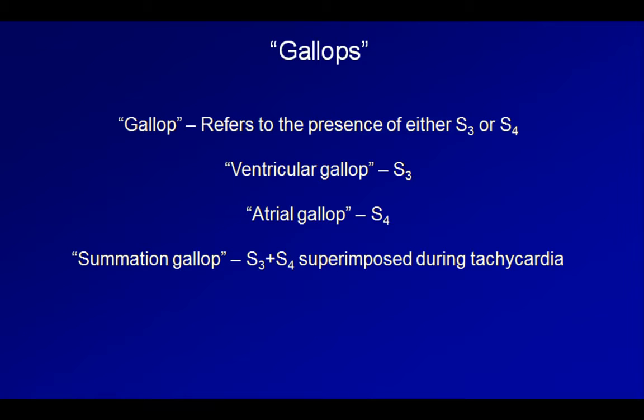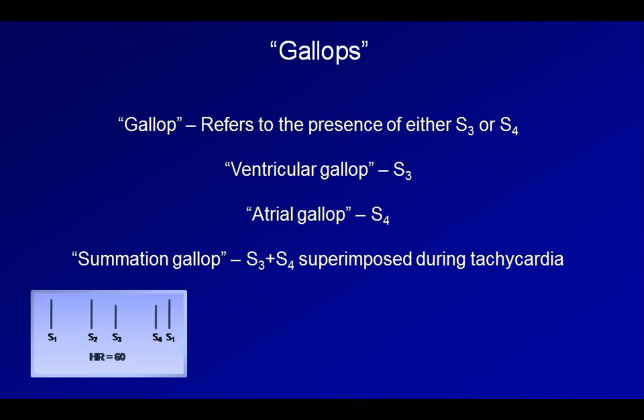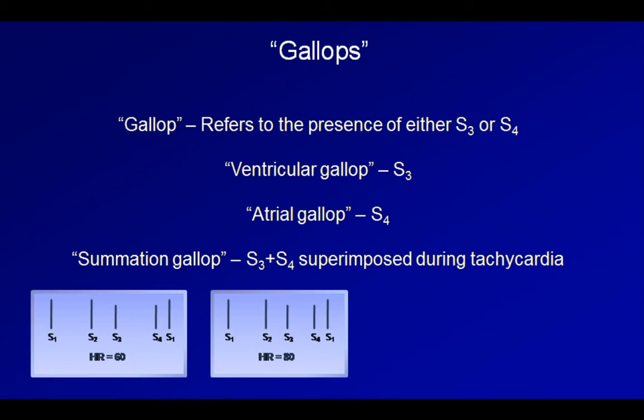First, here is a patient with both an S3 and an S4 at a heart rate of 60 beats per minute, with the recording made during expiration and thus without an S2 split. Here is the same patient with an S3 and S4 at a rate of 80 beats a minute.